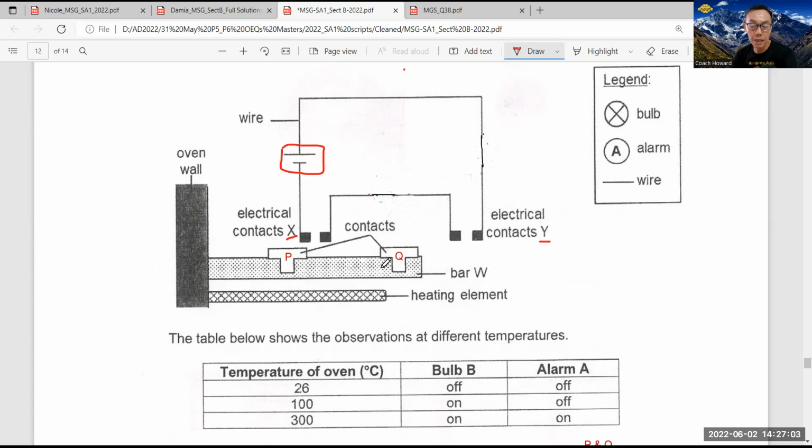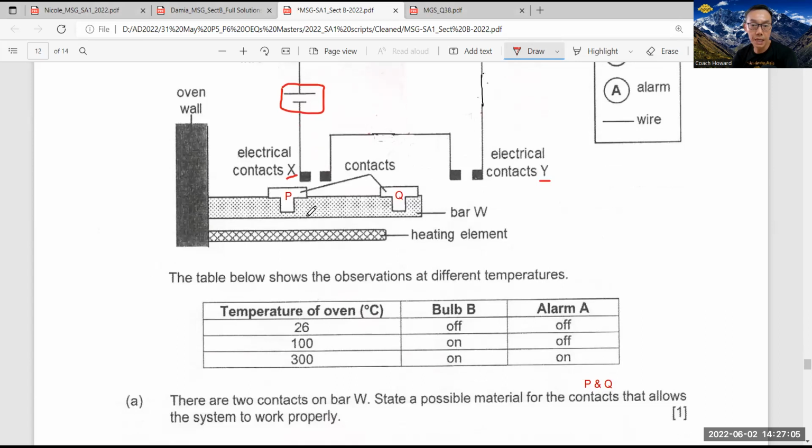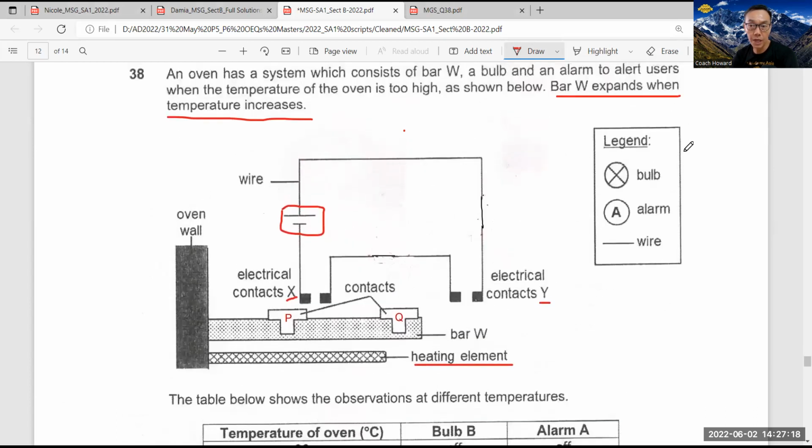This is to ensure that when the student answers, they can answer more specifically by naming contact P and contact Q on bar W. And this is a heating element. So when the student receives this question, they will understand this is the legend, which means what the symbols represent.